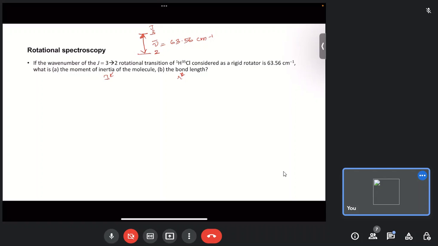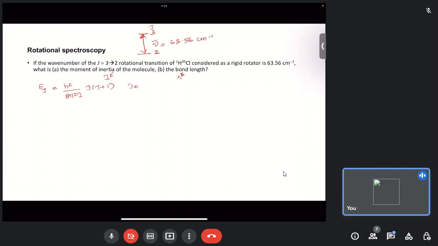So here we need to calculate how much is the energy of a state at a quantum number J, which is given as h square by 8 pi square I, J into J plus 1.